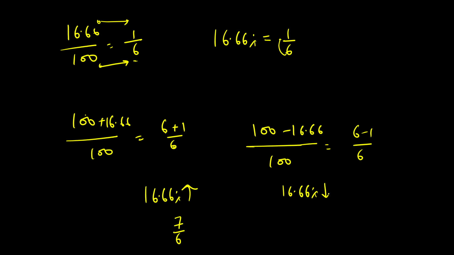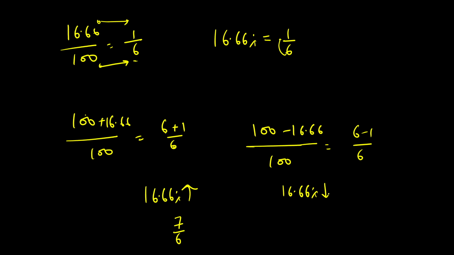So that turns out to be 5 upon 6. So on 6 there is more, 16.66 more. On 6 there is less, 16.6. This is called change of base. We use this when we have decimal calculations out of those 15. 1 by 1, 1 by 2, 1 by 3, up to 1 by 15.